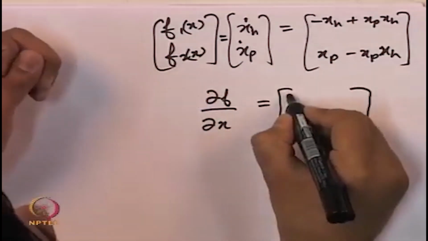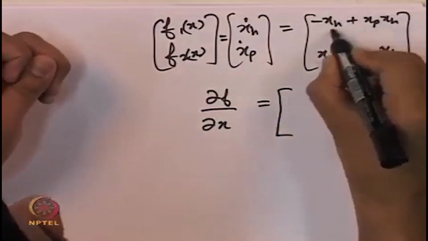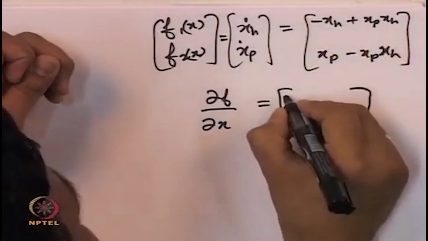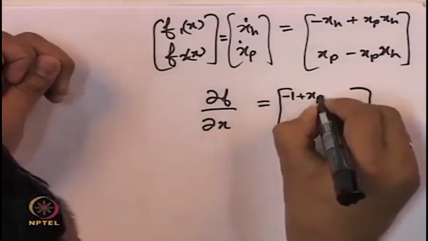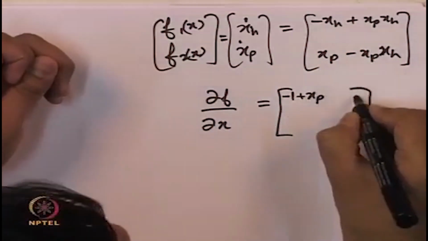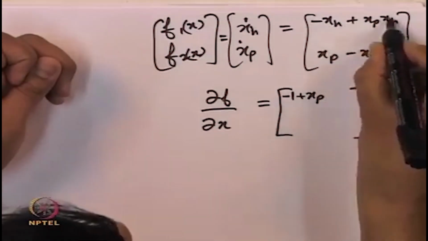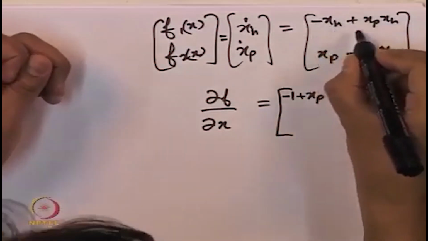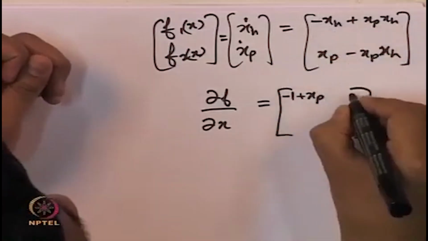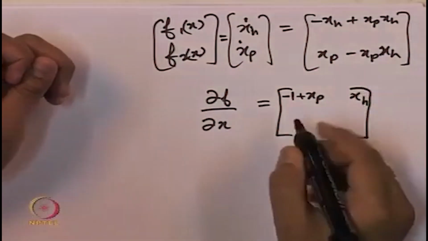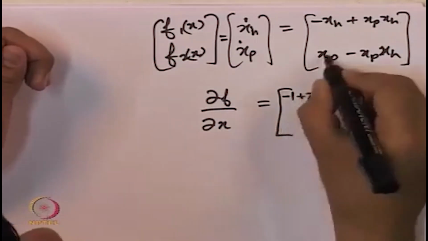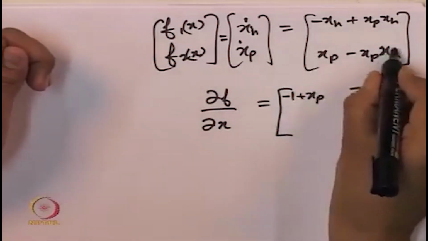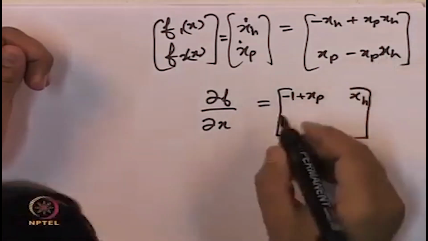The entry here is the derivative of F1 with respect to XH, that is equal to minus 1 plus XP. The entry here is the derivative of F1 with respect to the second component of X, that is XP. So, this is equal to XH. The entry that comes here is the derivative of F2 with respect to XH.